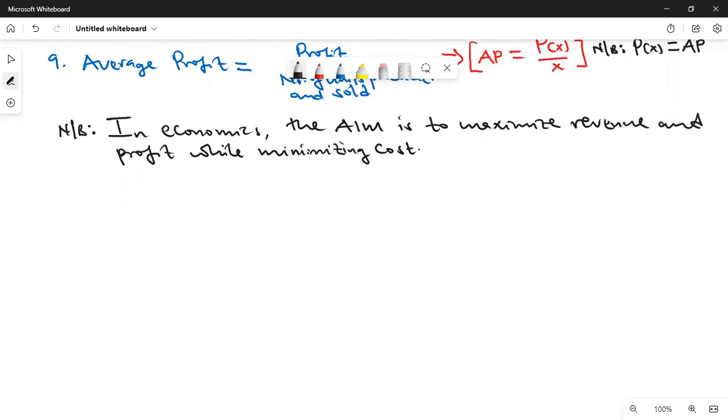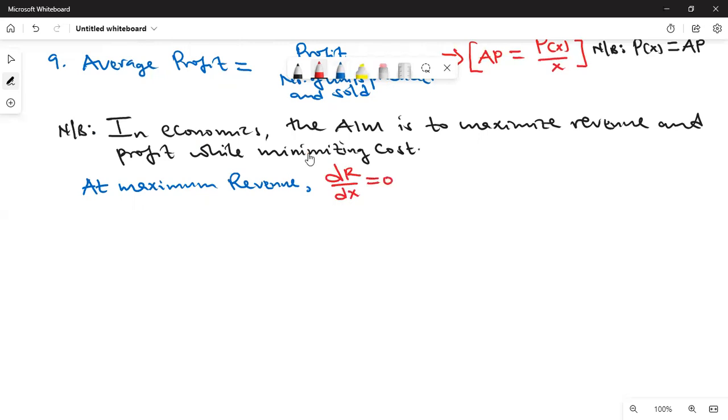So you can write this, that at maximum revenue, we know that the derivative of R with respect to x must be equal to 0.